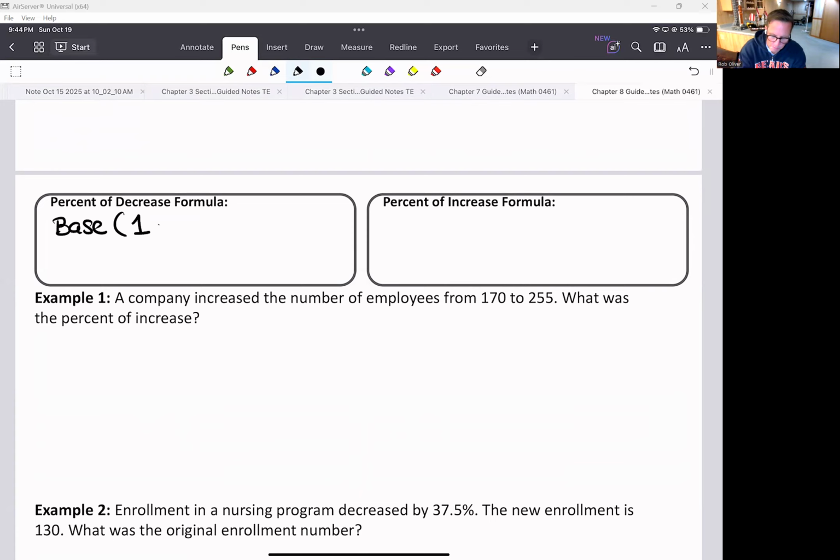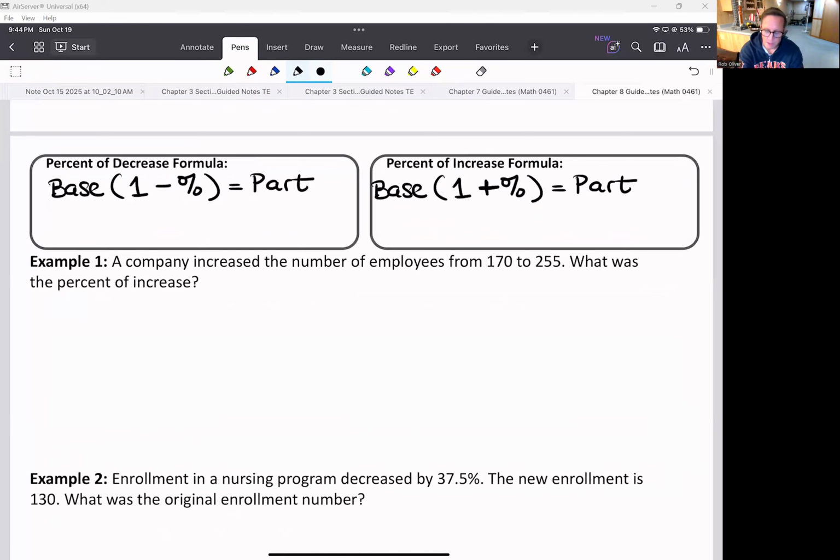You're going to do 1 minus whatever the percent is, and that's going to equal a part, okay? And the percent of increase formula is basically the same thing. Be lazy here, I'm going to copy and paste it. But it's going to be the same thing except plus. We're going to add the percent.